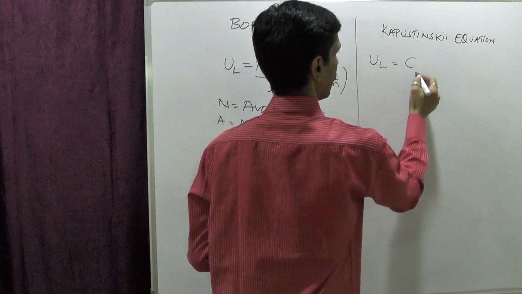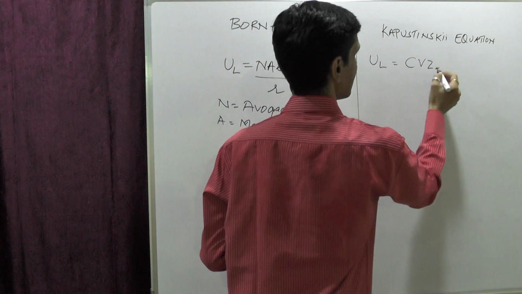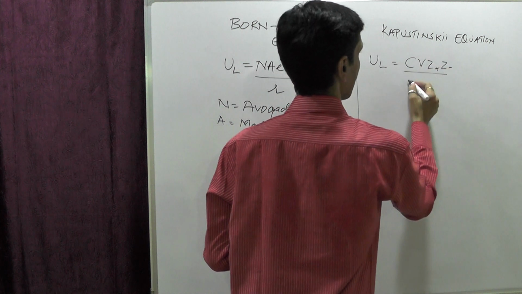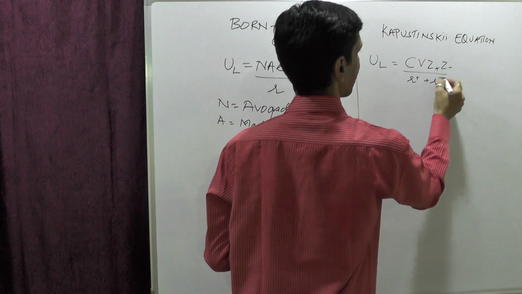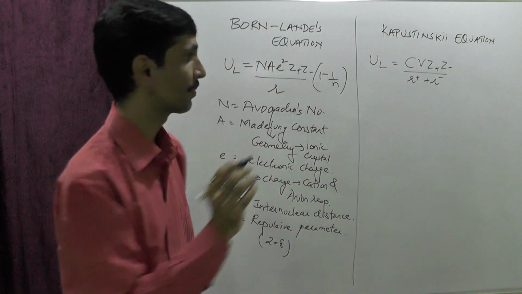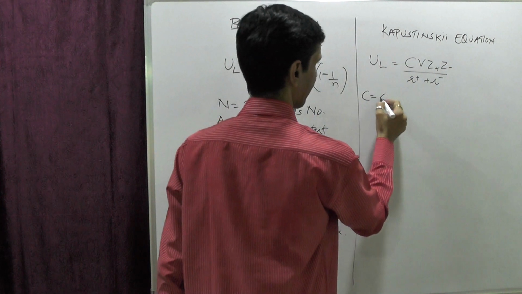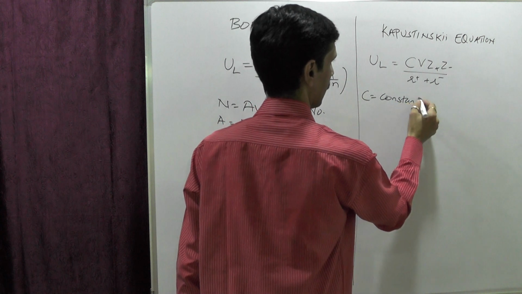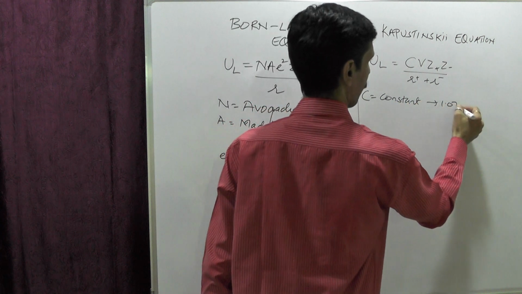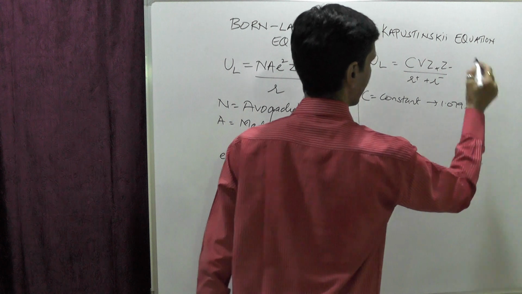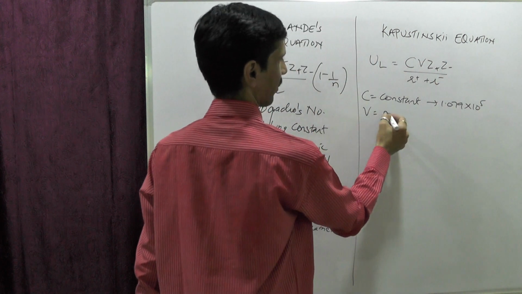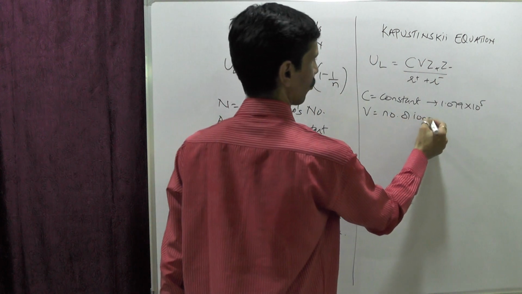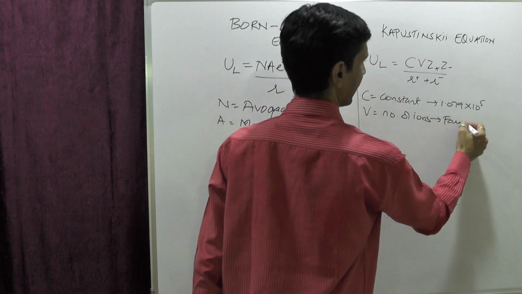So UL is equal to C V Z plus Z minus upon R plus R minus. Right? So when you talk about C, it's a constant. Its value is around 1.079 into 10 raised to 5. V stands for the number of ions in the formula unit.